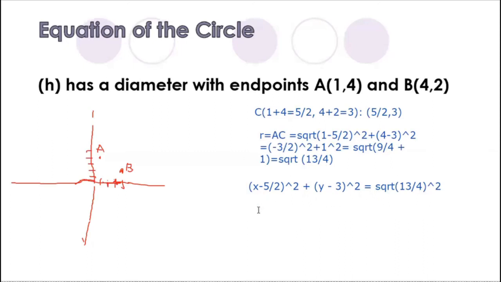So, ibig sabihin, ang magiging final answer natin ay x minus 5 halves raised to 2 or square plus y minus 3 square equals yung radicand na lang ng square root of 13 over 4 square, then that is 13 over 4. And that's it.